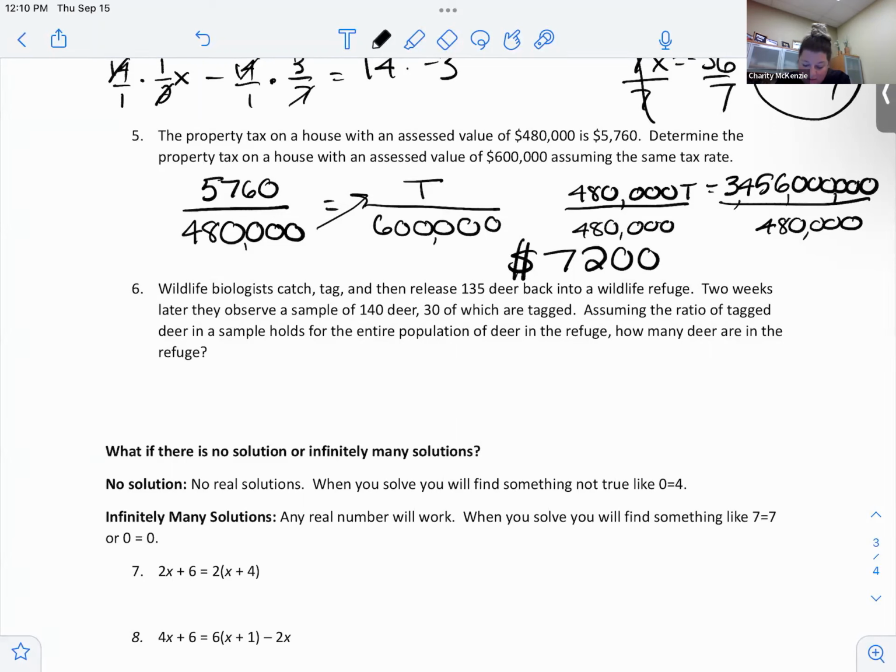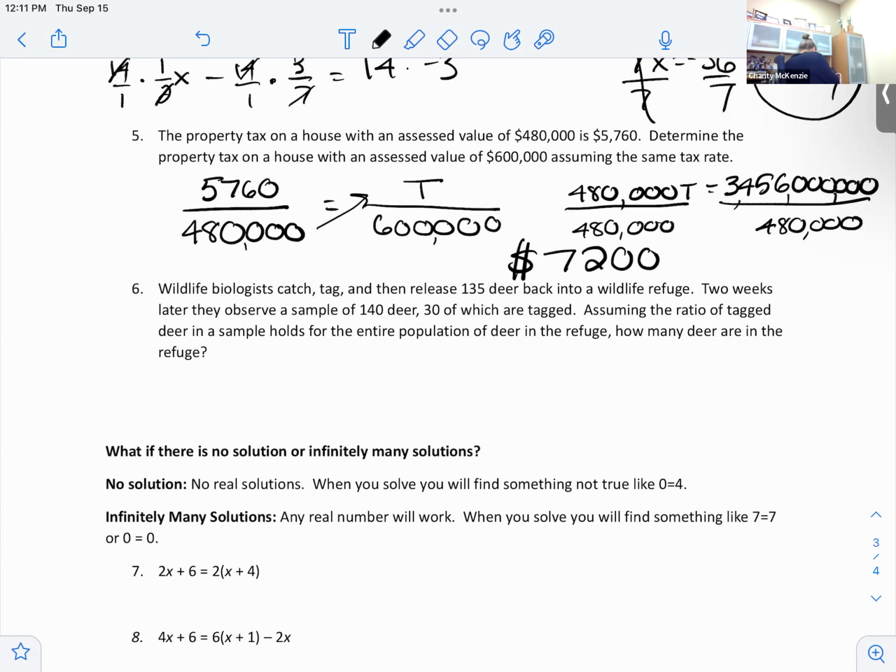Assuming the ratio of tagged deer in the sample holds true for the entire population, how many are there in the refuge? So they use this method all the time. It's like, okay, I'm going to catch some, tag them, release them, then get a sample and see how many are tagged. Okay, so let's form our proportions out of this.